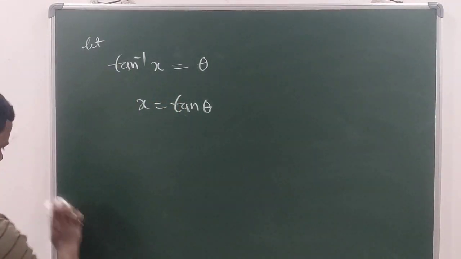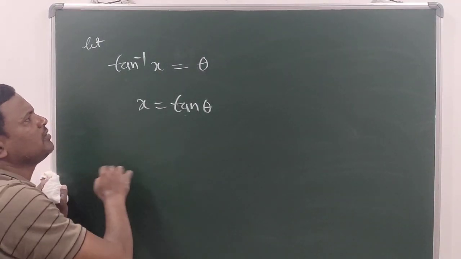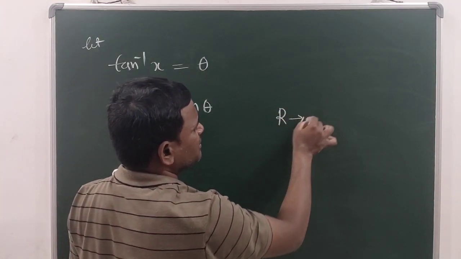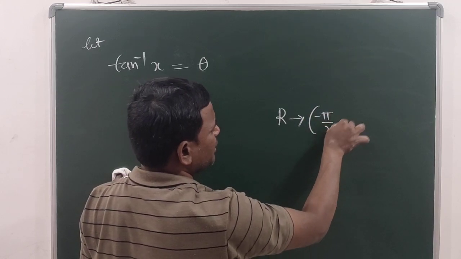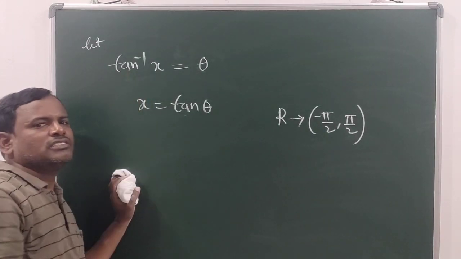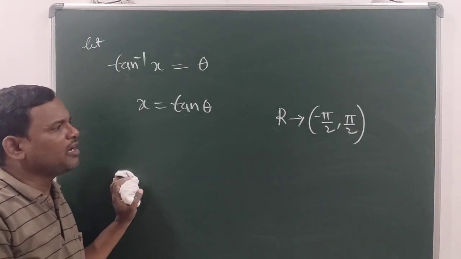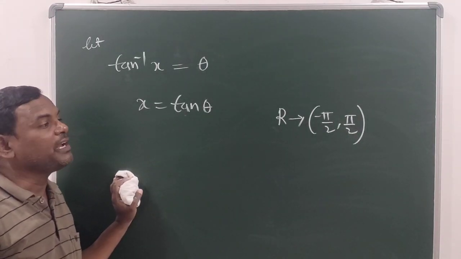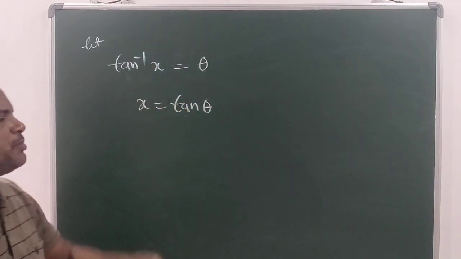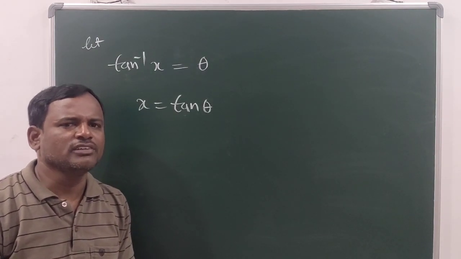Right students, now come here, tan inverse of x, domain is the set of real numbers, whereas range is the open interval of minus 90 to 90. What is the domain of tan inverse of x? Set of real numbers, and the range will be minus 90 to 90, you know that. Leave it, but what is our aim here? We need to express tan inverse of x in terms of sin inverse and cos inverse.